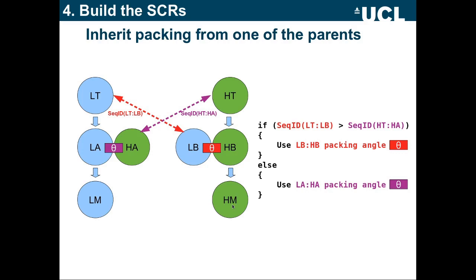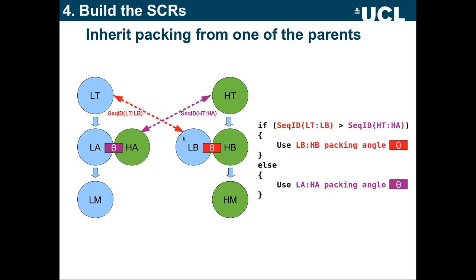To select which packing angle to use, we look at the sequence identity between the light chain target and the light chain of B, in other words, the parent that we didn't use. And we also look at the sequence identity between the heavy chain target and the heavy chain of antibody A, again, the chain that we didn't use in the modelling.